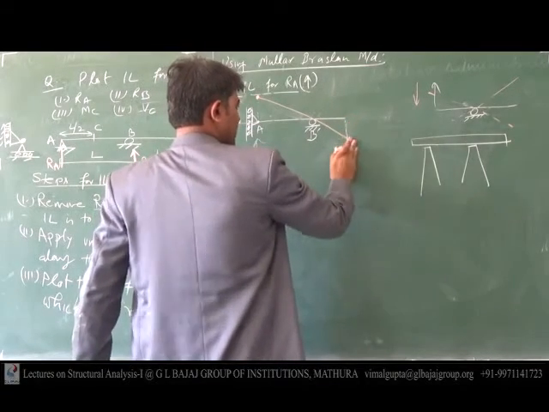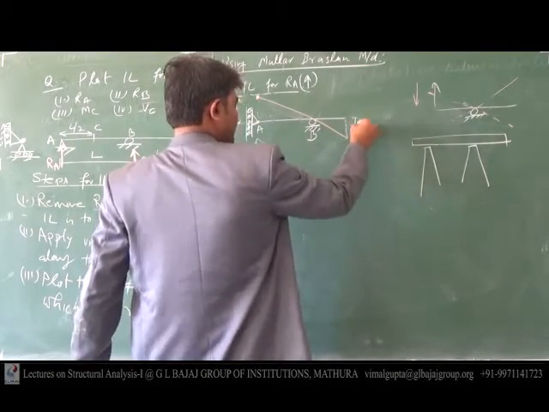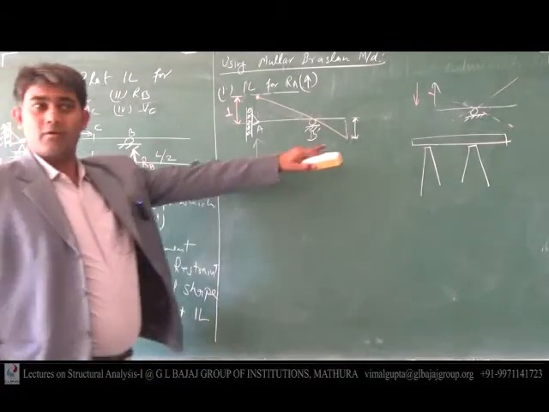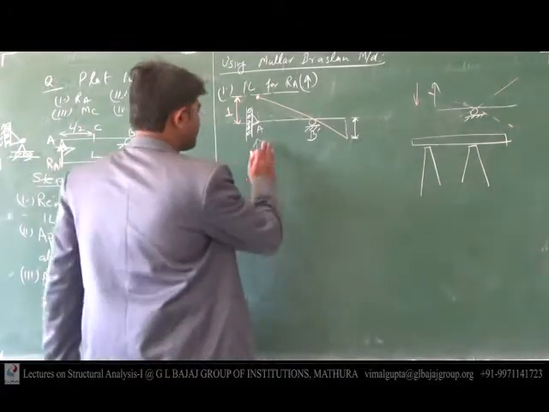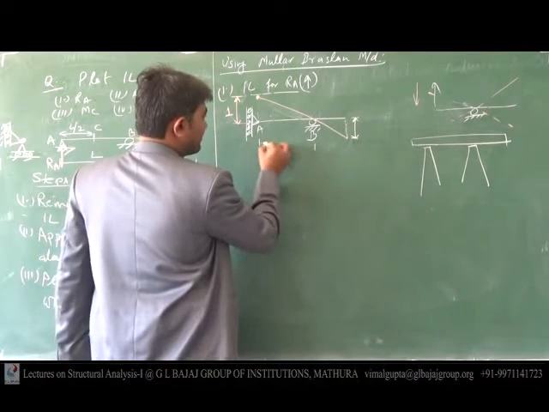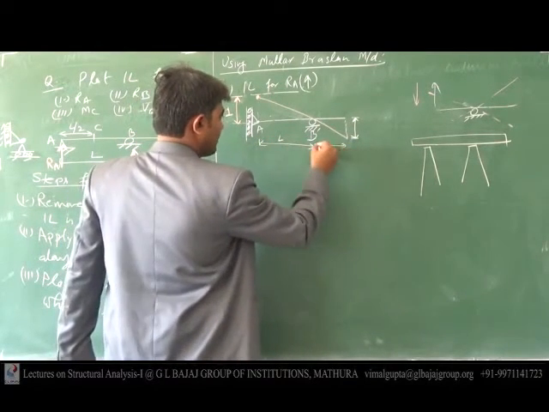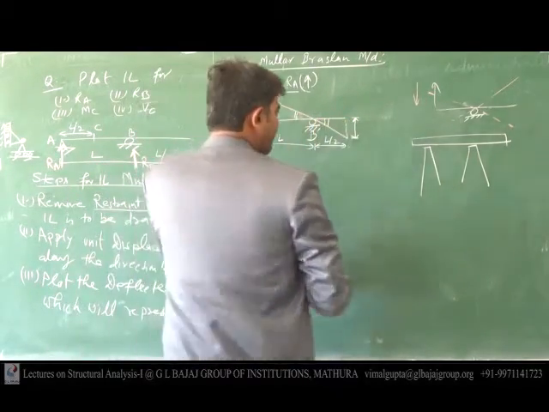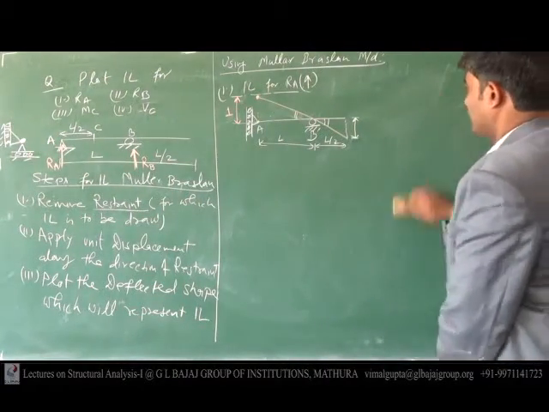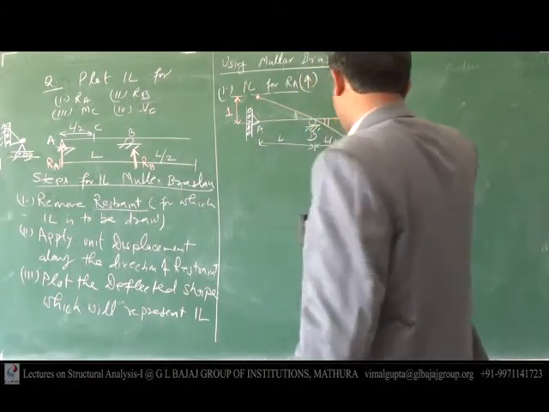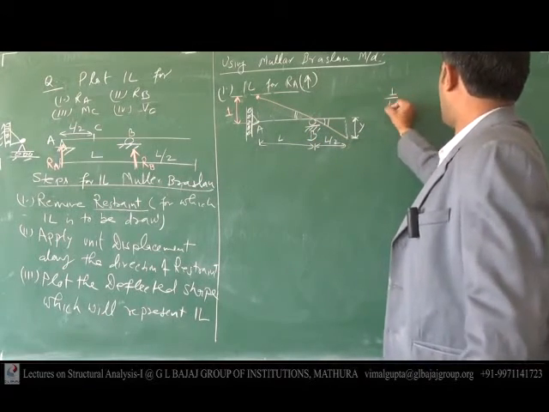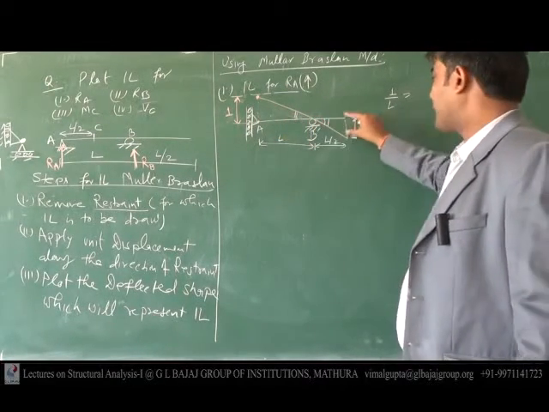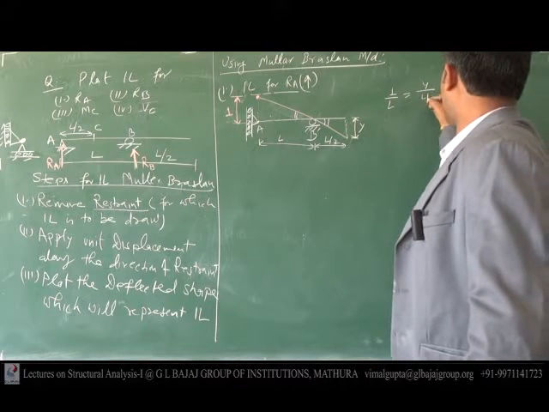Are you able to calculate this distance by simple geometry? We know that this distance is total L, and this is L by 2. Since this angle and this angle are the same, if this distance is Y, then theta is 1 divided by L, and also Y divided by L by 2.